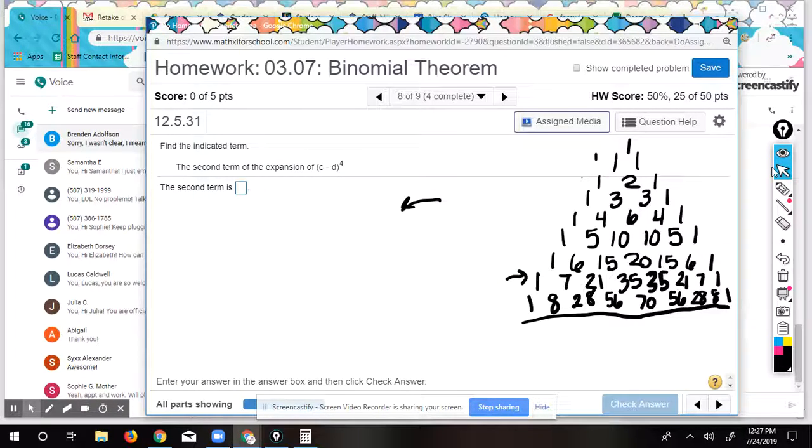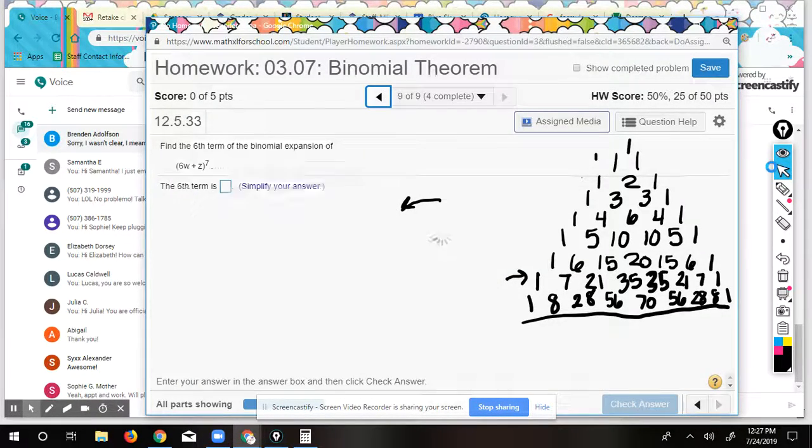Booyah. Done. Okay, this one, we want to find the 6th term of the expansion. So we already have our row. Now we're just dealing with the pattern of the expansion here. So when it expands, it's going to have 7 different terms.